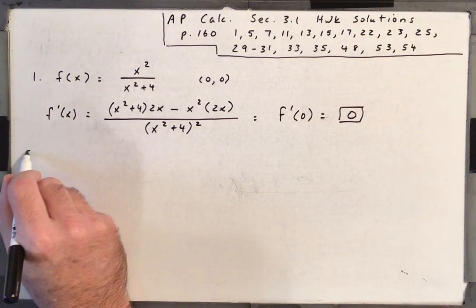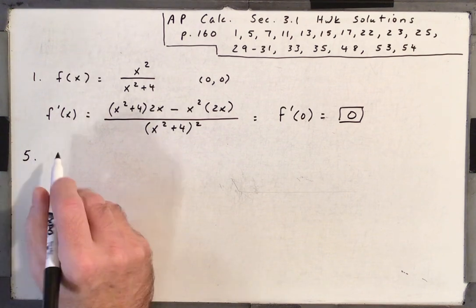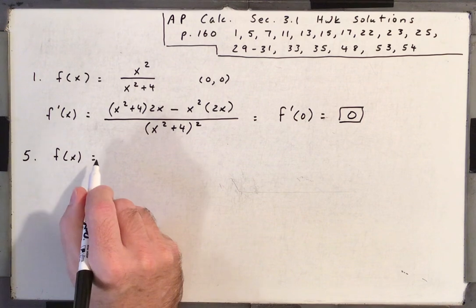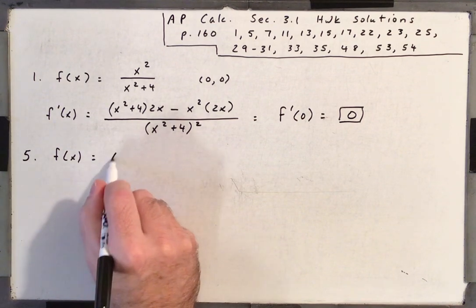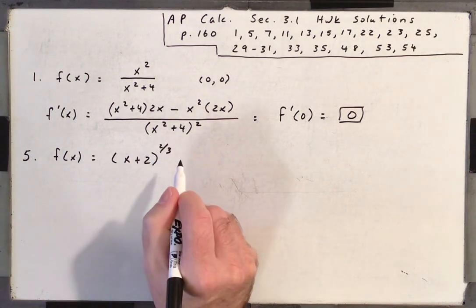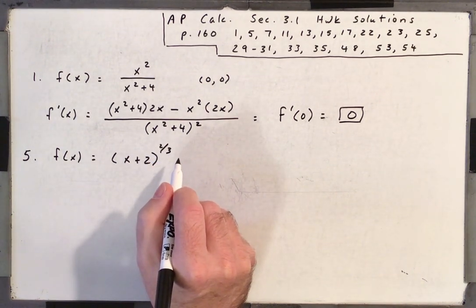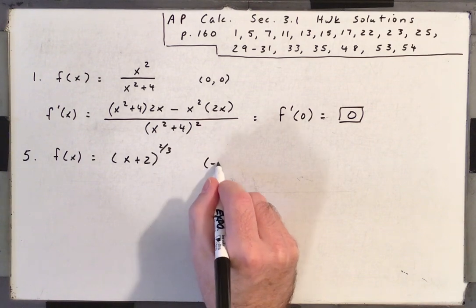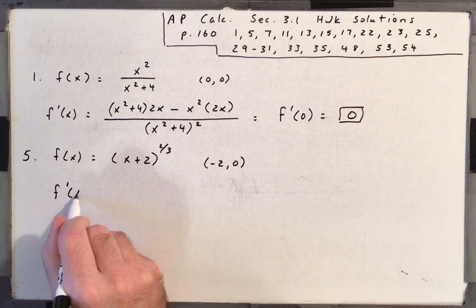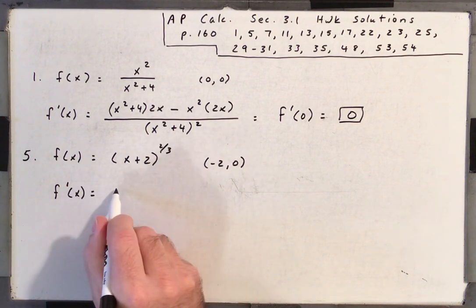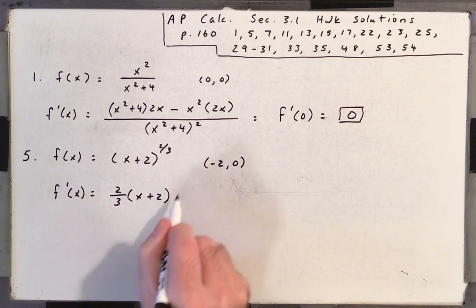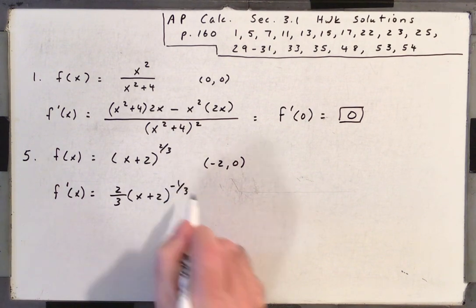All right, number 5, we have f of x equal to (x plus 2) to the 2/3, and we are interested in the point (-2, 0). So we're going to take the derivative and try to plug in -2. f prime of x would be 2/3 times (x plus 2) to the minus 1/3.